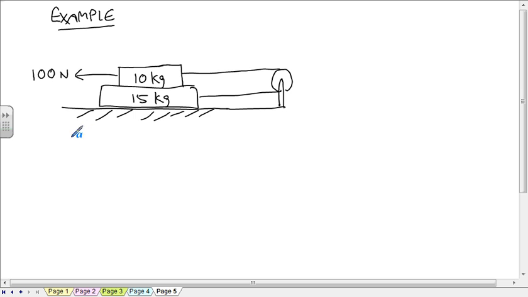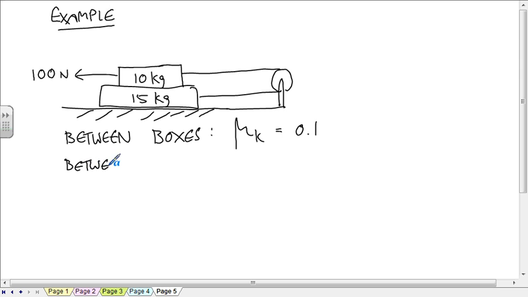So between the boxes, let's say that the coefficient of friction is 0.1. Between the floor and the 15 kilogram box, let's say the coefficient of friction is 0.2.